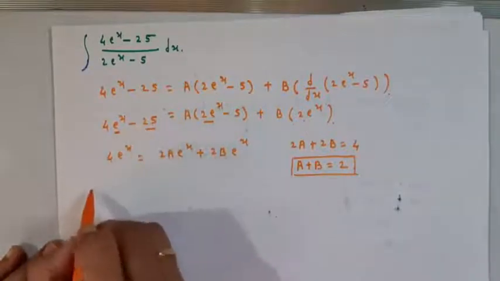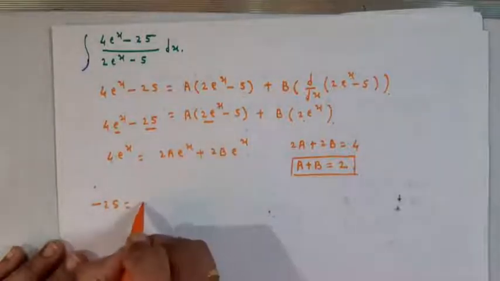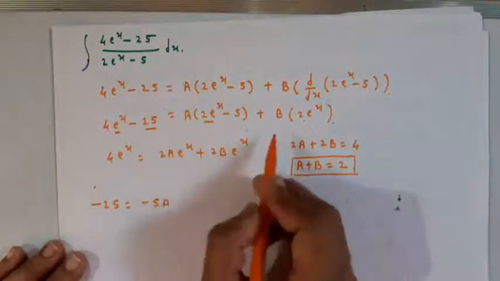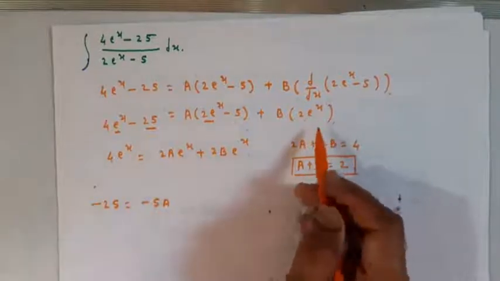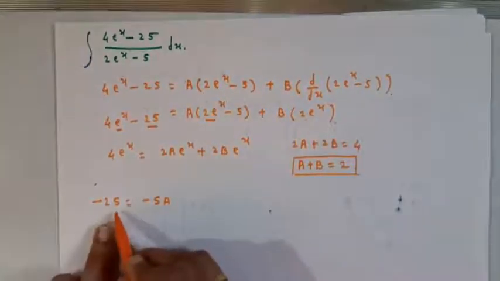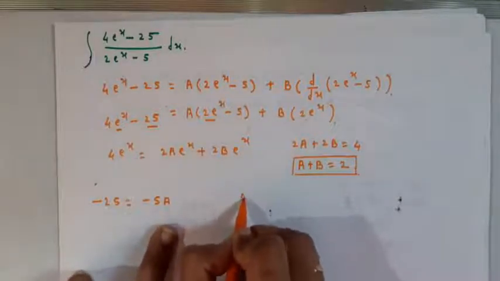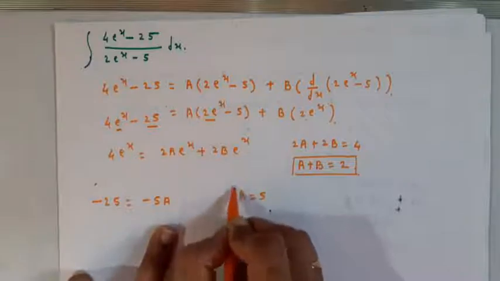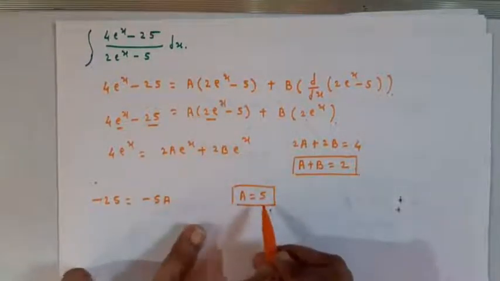So the constant term is minus 25 on the left and minus 5a on the right. There is no constant term with b, that's why nothing we have to take, and so minus 25 equal to minus 5a, and hence a equal to 5, that is 25 upon 5. Hence a equal to 5.